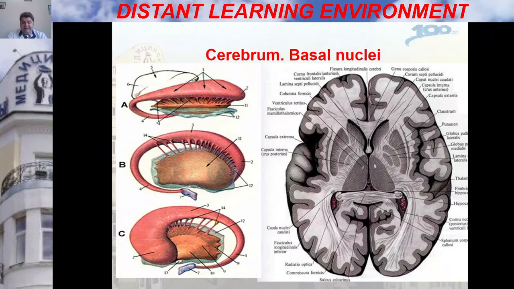The thickened anterior part of the nucleus is the head. You may see it in number 2 in this picture. Caput nuclei caudati forms the lateral wall of the anterior horn of the lateral ventricle.